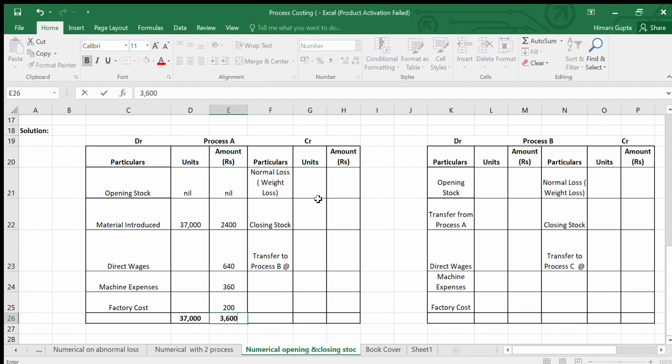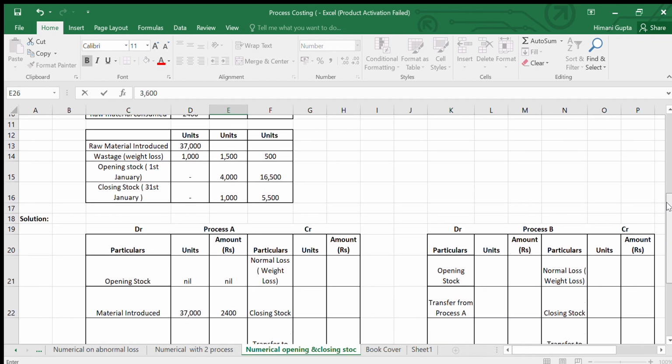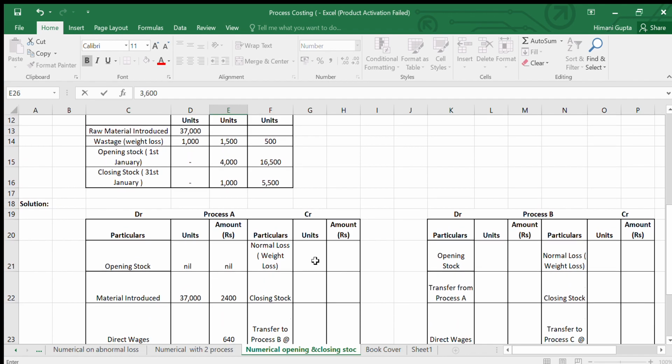Now let's move to the credit side. Over here it's given that your normal wastage, which is your weight loss, is 1000 units. So for your 1000 units the amount will be nil, as I have discussed in the previous videos that whenever weight loss will be there, there will be no amount. In process A, closing stock is also nil, so amount is nil.